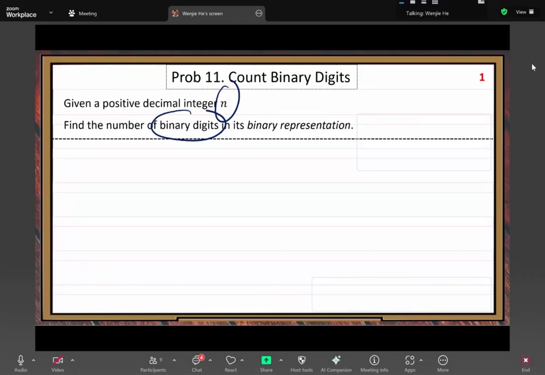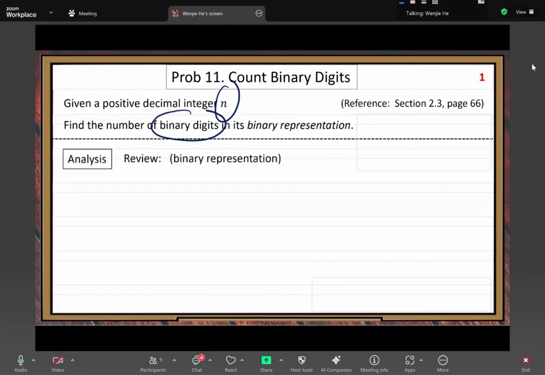So here, let's do analysis. When we start, we want to review the binary representation structure. We know when we write n, the decimal representation n, in the binary system, we need to change our numeral base.